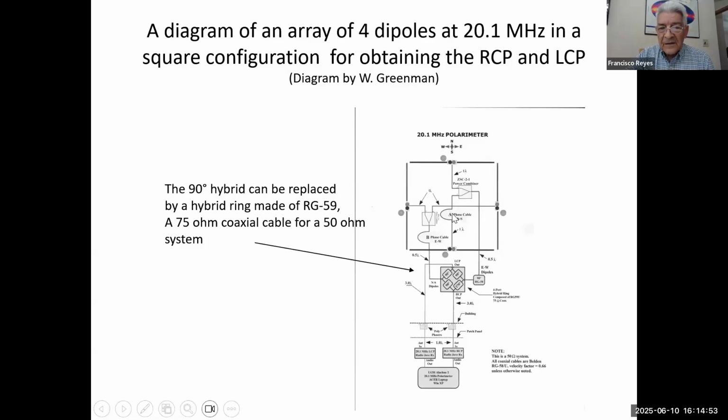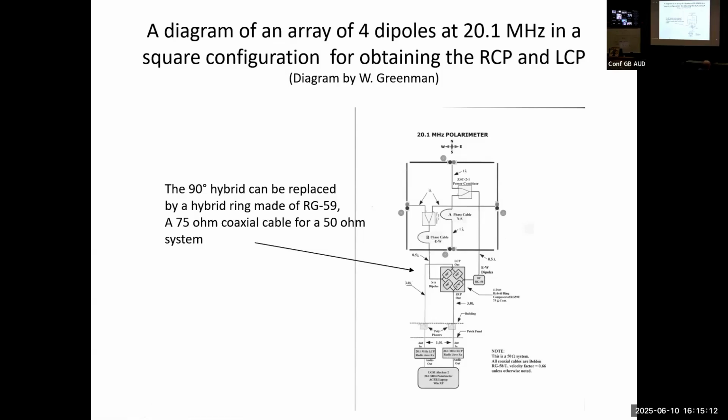So you need to add a delay here in the phasing cables in order for the north and south dipole to be phased in the same direction as Jupiter. And yes, I understand that, and I accept your explanation.